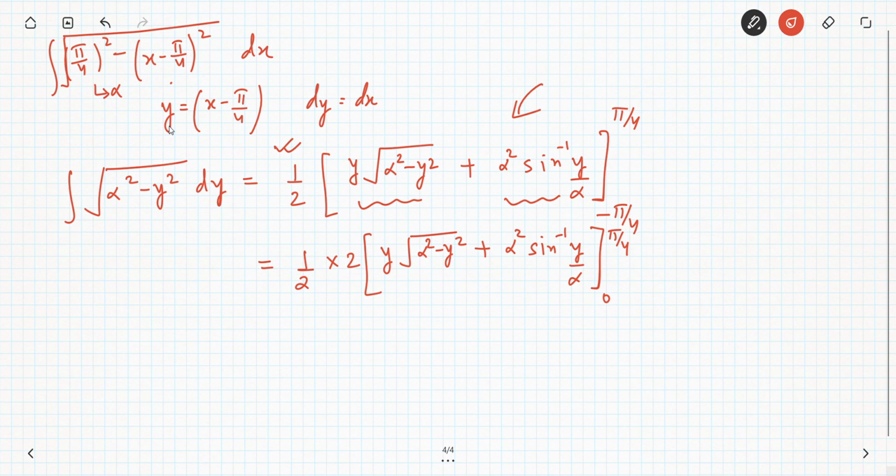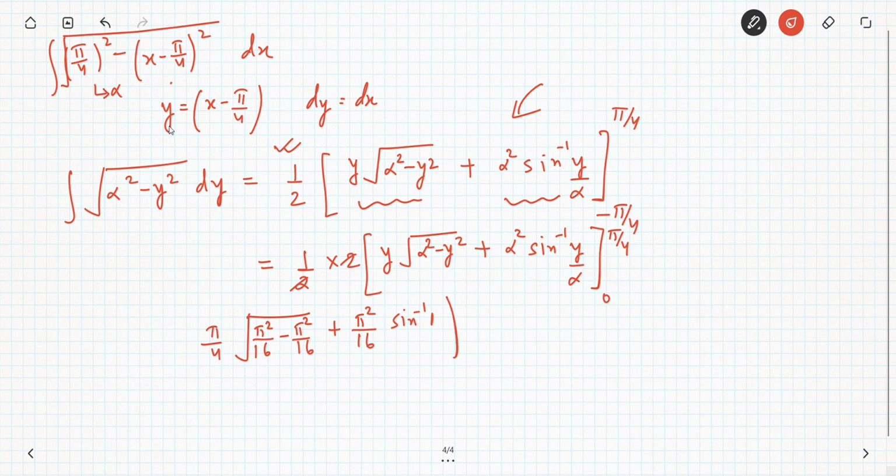Once the limit is from 0 to pi by 4 and I substitute the values, 2 and 2 get cancelled. So the first term will be pi by 4 into square root of pi square by 16 minus y, also the same, pi square by 16, plus pi square by 16 into sine inverse y by alpha, that is 1.